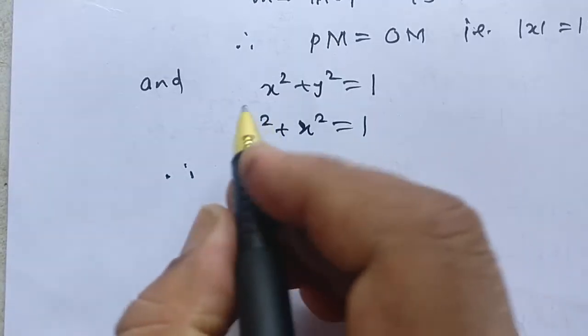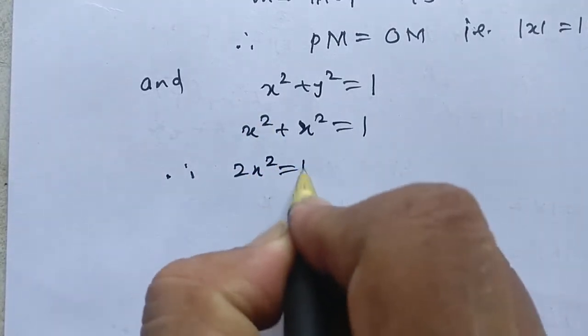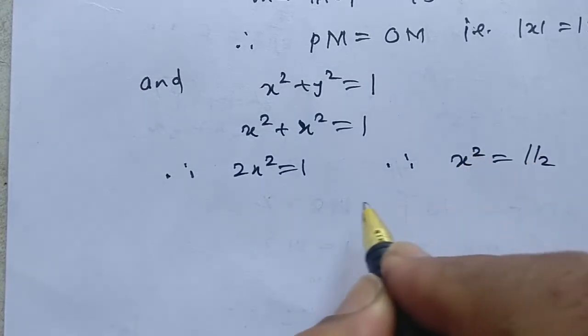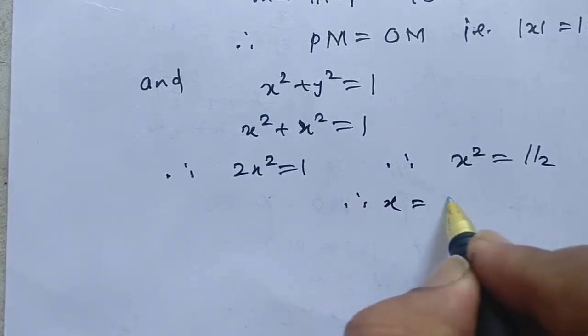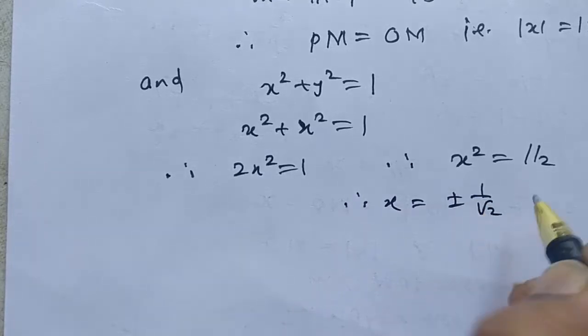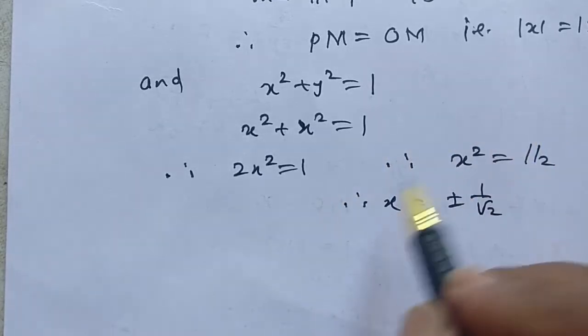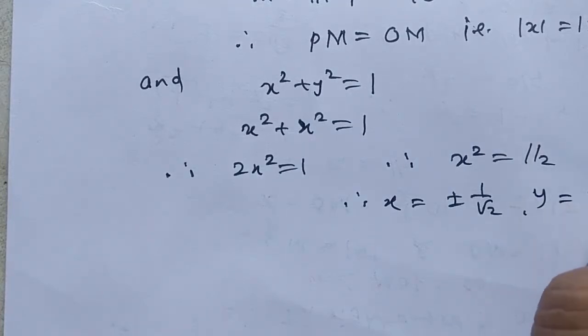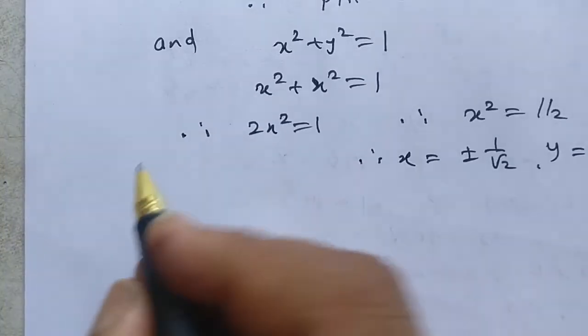Therefore, 2x square is equal to 1. Therefore, x square is equal to 1/2. Therefore, x is equal to plus or minus 1 upon under root 2. It is same as y. So, y is also plus or minus 1 upon under root 2.